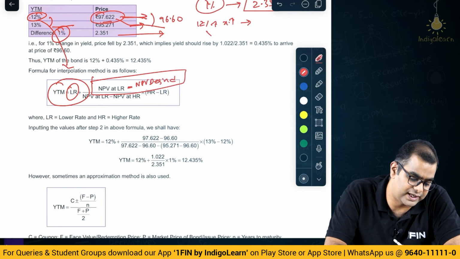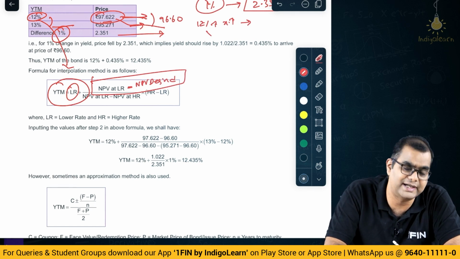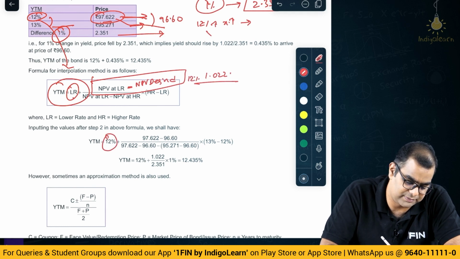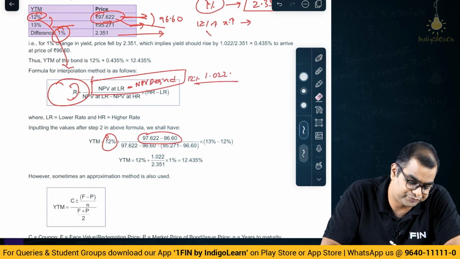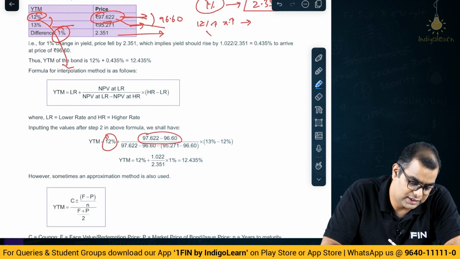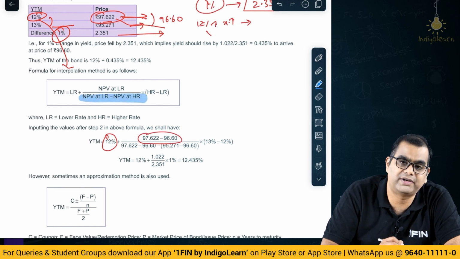What is NPV at lower rate? 97.622 minus 96.6, which basically will give you 1.022, right? Lower rate, which is 12% plus 97.622 minus 96.6, divided by NPV at lower rate minus NPV at higher rate.